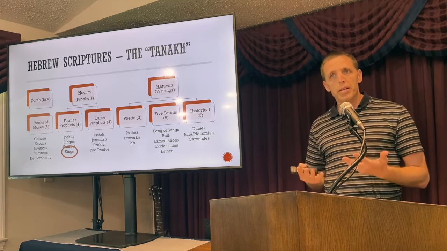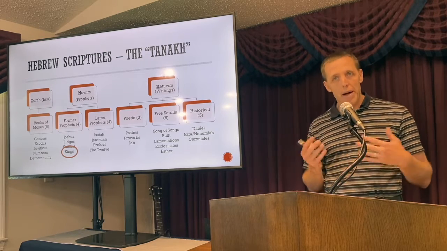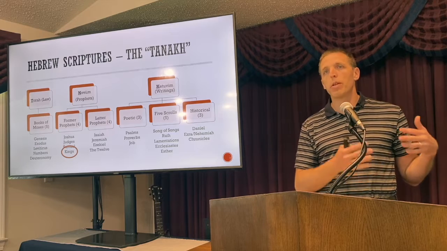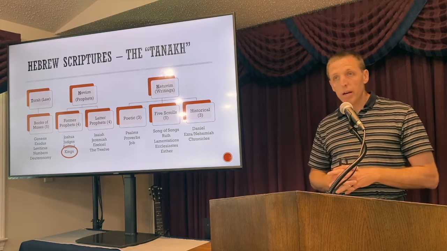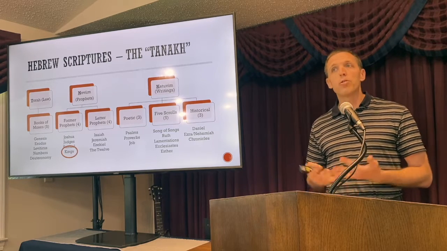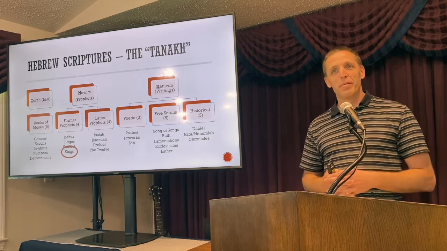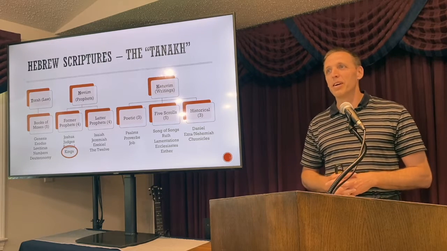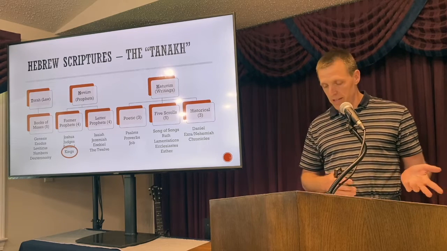And Chronicles repeats a lot of it, but then it goes on to talk about the time after, where people come back into the land, they rebuild the temple, they rebuild the wall, etc. That's not how it is in the Hebrew Scriptures. In the Hebrew Scriptures, it's in a section called the former prophets. Who thought of Kings as a prophetic work before? Nobody, right? No English reader thought of it as a prophetic work, but in the Hebrew Scriptures, it's in a section called the prophets.